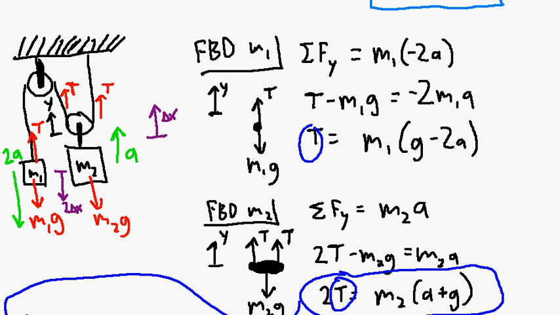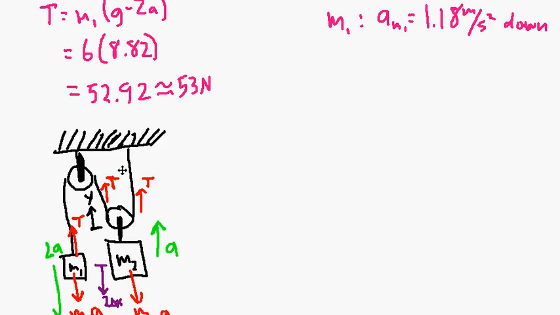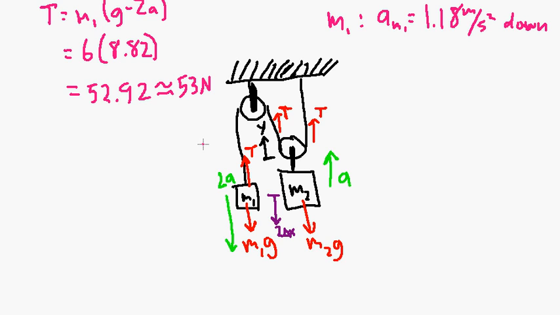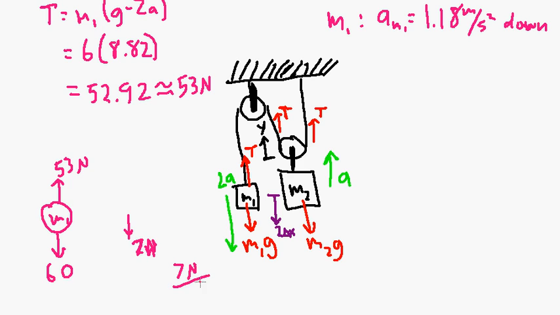So let's take a fast look at this. If the tension was 53 newtons, then on M1, the weight of M1 was 6 times 10, which is 60, and this was 53 newtons, so that was a net 7 newtons down, and 7 newtons divided by 6 kilograms is around 1.18 meters per second squared down.